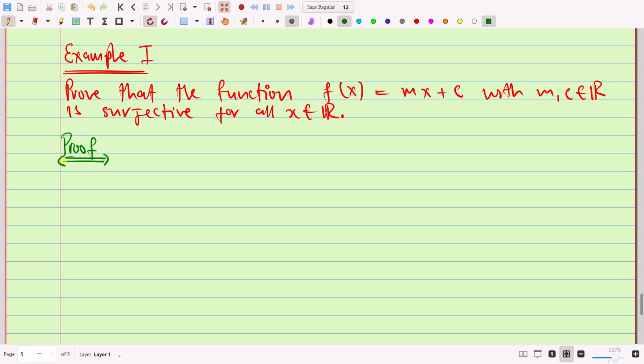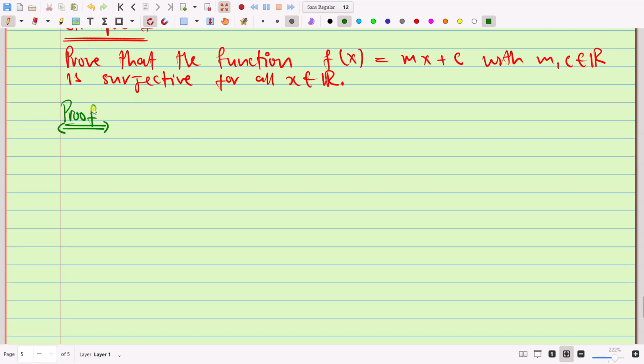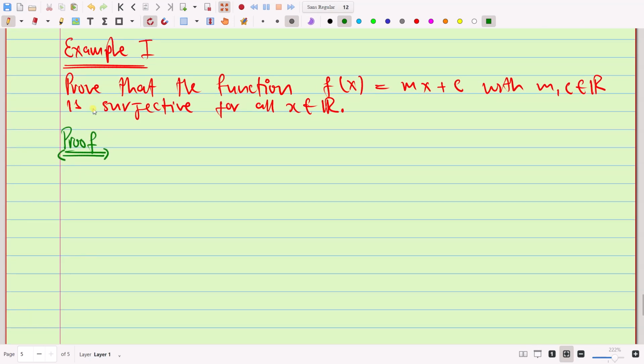First, we're going to pay attention to the definition of surjectivity. Let's go back and recall the definition. If you want to prove surjectivity, you have to take any element that belongs to the range, and then show that for that particular element, there must exist something in the domain that is assigned to it. So I'm going to follow the same spirit here.